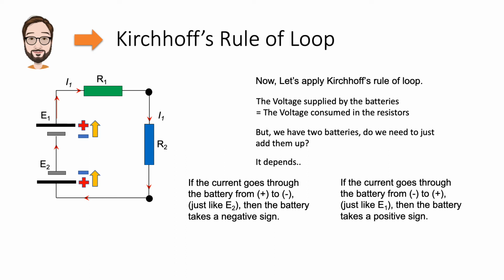Remember, this is an important aspect. When you do the circuit, you need to understand how to put the proper sign for the batteries. So in here, the actual voltage supplied to this circuit would be E1 minus E2, because through E1 the current goes to the positive, while through E2 the current goes to the negative.